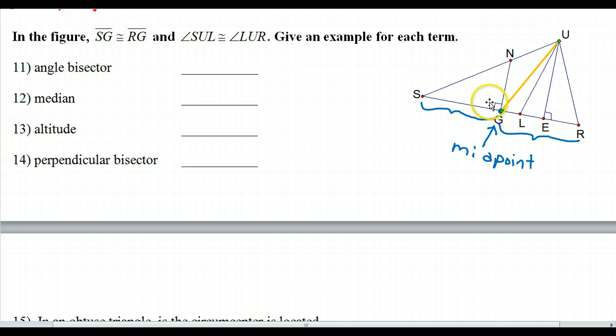When you have the segment that goes from vertex to the midpoint, is that the angle bisector, the median, the altitude, or the perpendicular bisector?